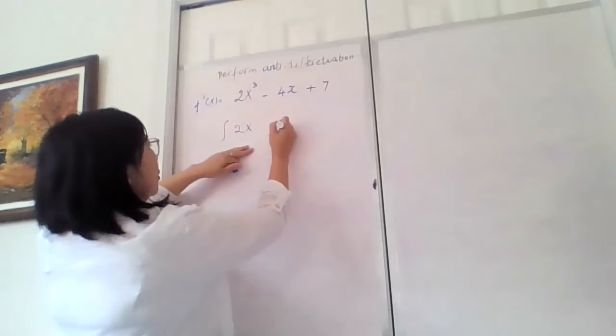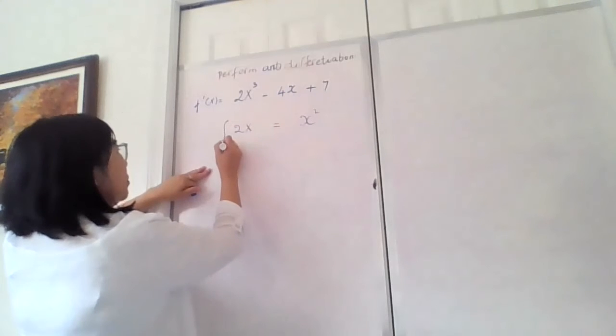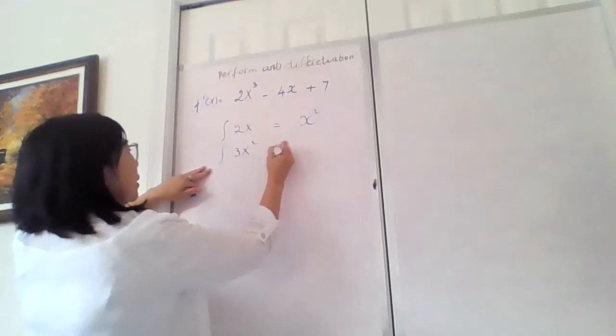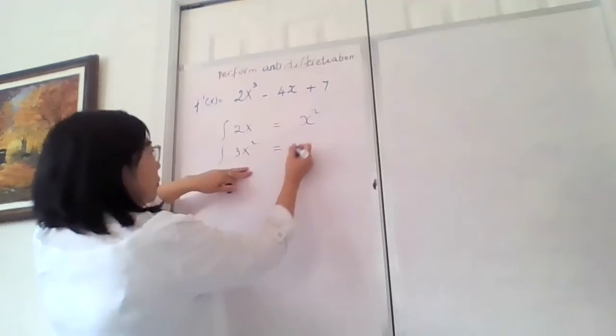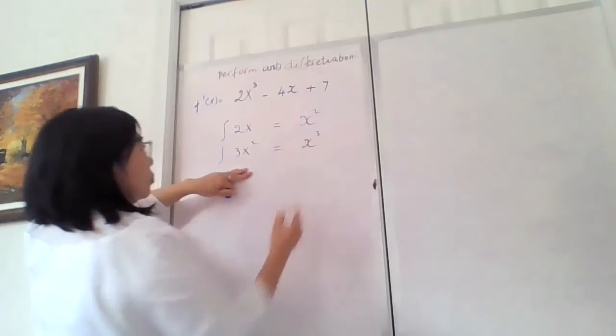The answer for this is x squared. Let me give you another one. Let's say we have 3x squared. What is the answer for this? After we do the integration, we will have x to the power 3.